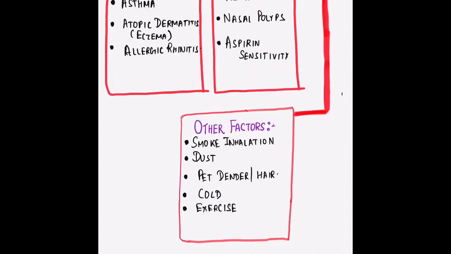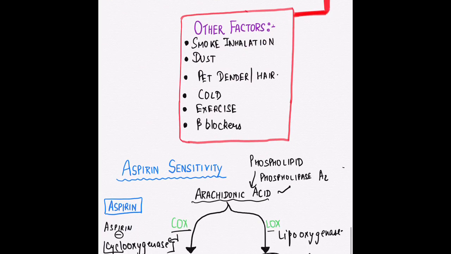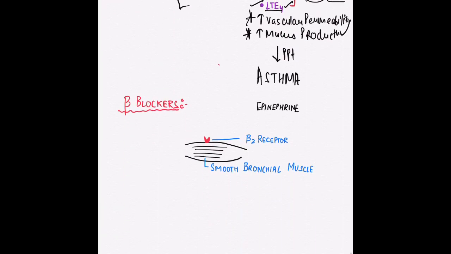Another thing that might precipitate an asthmatic attack is beta blockers. Now let us understand the mechanism behind it. Generally, epinephrine acts on the beta 2 receptor of the smooth bronchial muscle and causes bronchodilation.